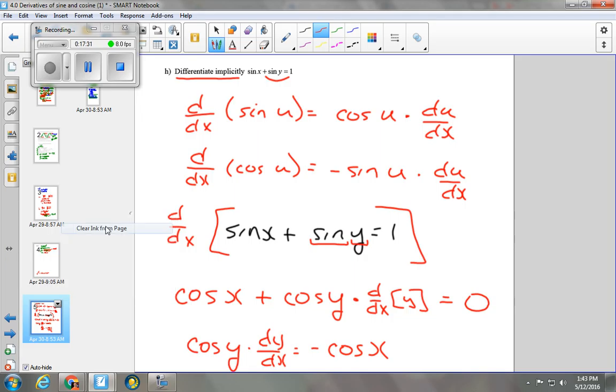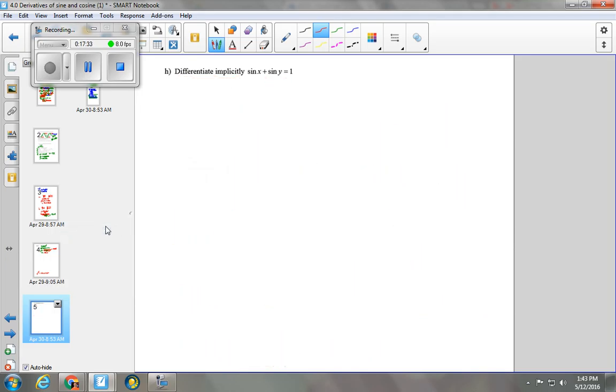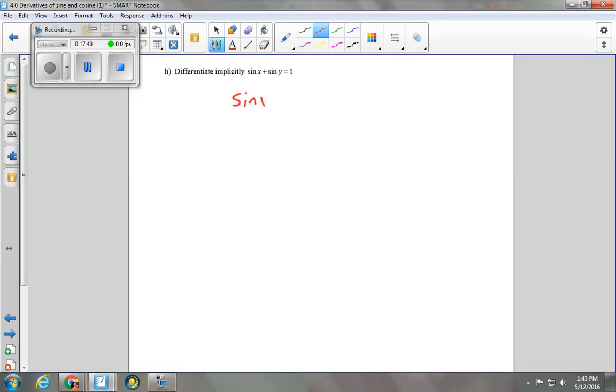Now, okay, differentiate implicitly sine x plus sine y is equal to 1. So remember implicit differentiation? I remember the name. So I'm just going to rewrite this again. Sine x plus sine y is equal to 1.